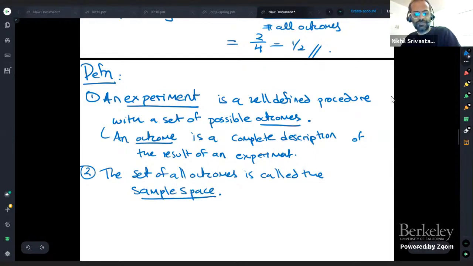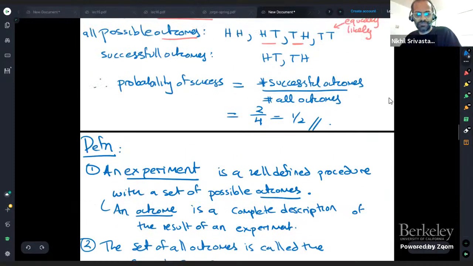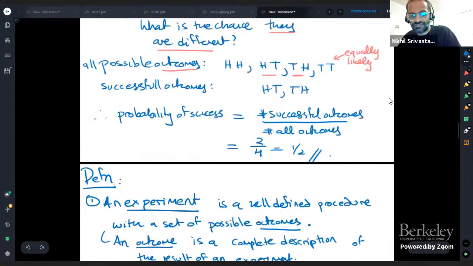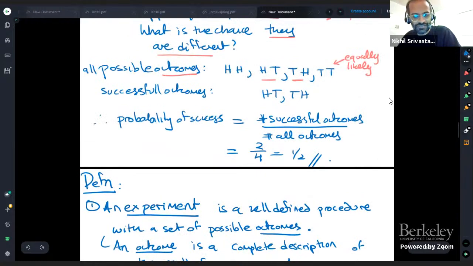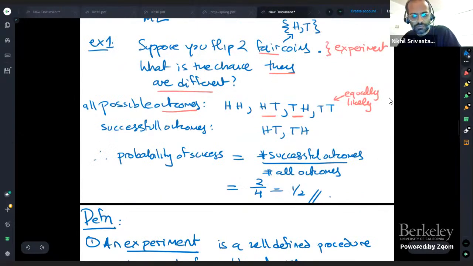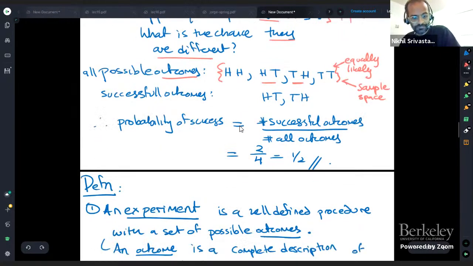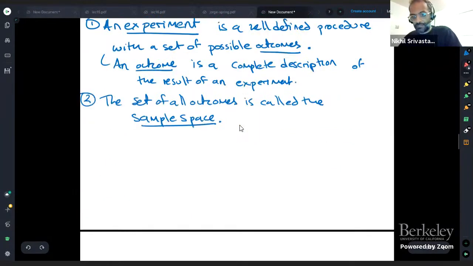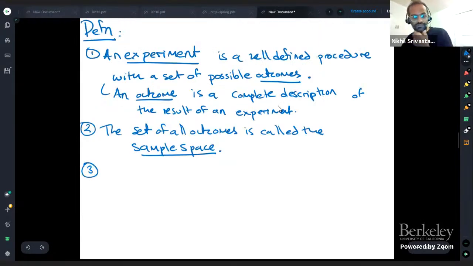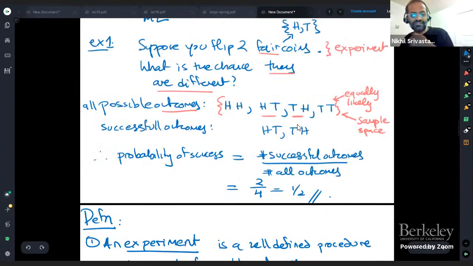So in the example above, what's the sample space? Well, it's going to be this set. That's a set in the sense that we've been learning about sets. And then within the sample space, usually you're interested in some particular subset of the outcomes, and that's called an event.